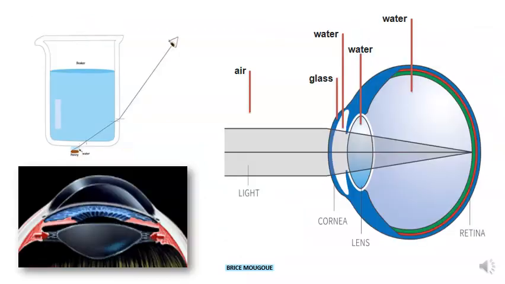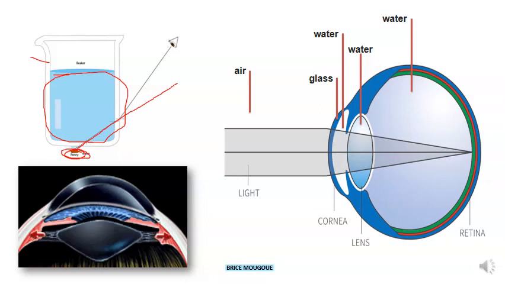Imagine we have a coin. This is a coin here. We have a coin under a glass. Let's say this is a beaker, and it contains water. And I'm trying to view that coin, passing through the glass, the water, and to the coin.